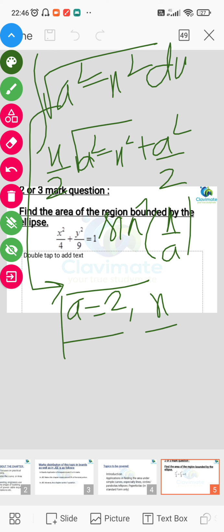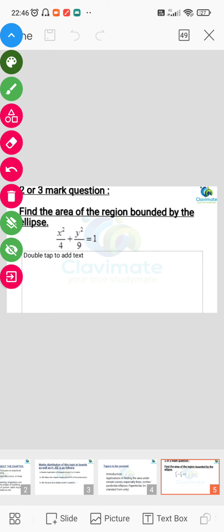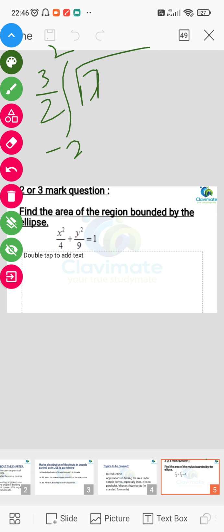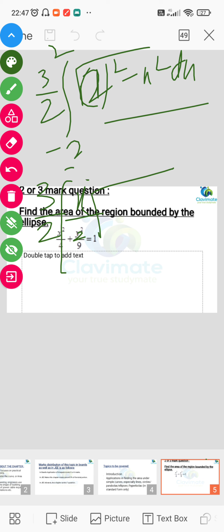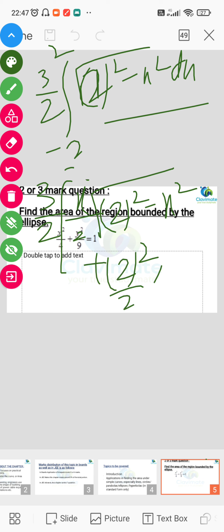So let us put 2 in place of a, and we have 3 by 2 times the integral from minus 2 to 2 of under root 2 square minus x square dx. Let's open this integral. It is 3 by 2, and our formula is x by 2 under root 2 square minus x square plus 2 square by 2 sine inverse x upon a.